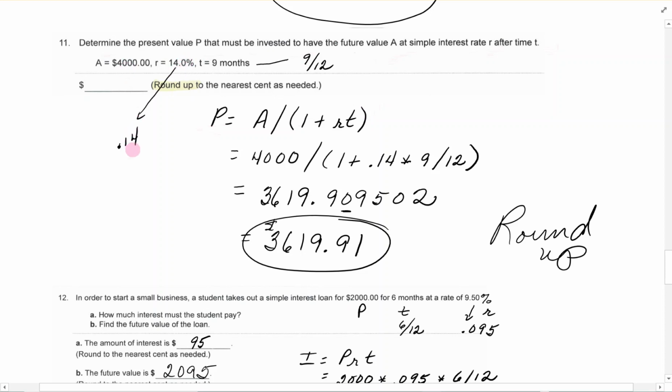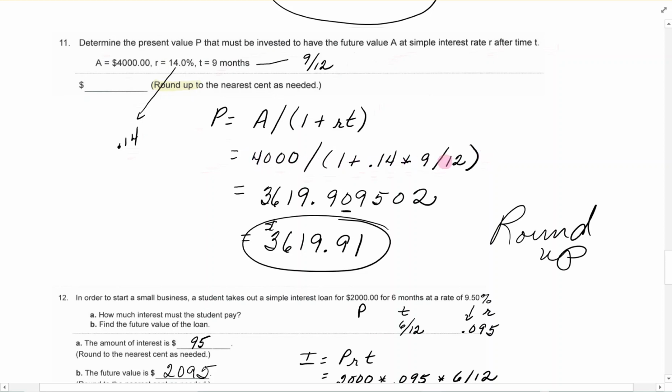I will do 0.14. My time is 9 months. It needs to be in years, so this is a fraction of a year, 9/12. So I fill in my values. P is equal to 4,000 divided by (1 plus 0.14 times 9 divided by 12).